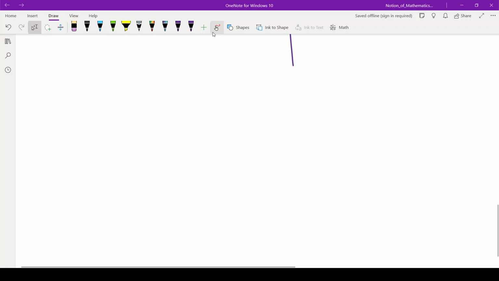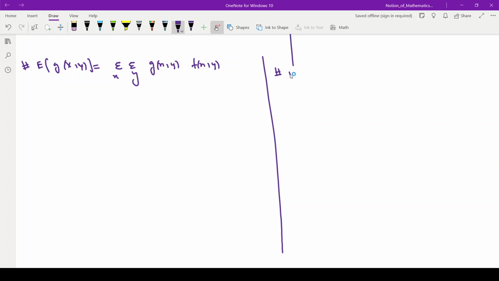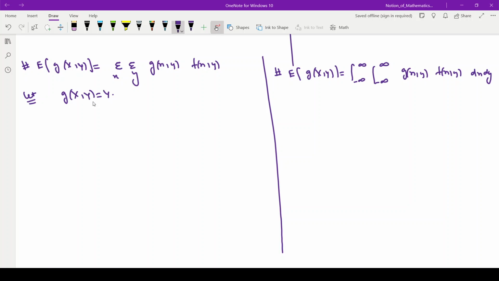As we know, expectation of g(x,y) is the double summation over x and y of g(x,y) into f(x,y), and for the continuous approach, expectation of g(x,y) is the double integration from minus infinity to infinity of g(x,y) f(x,y) dx dy. Suppose g(x,y) is only a function of y.